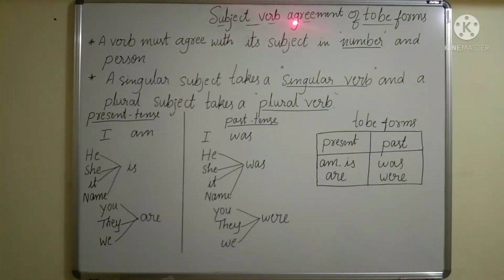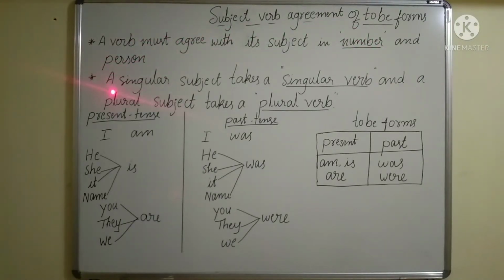What is subject-verb agreement of to be forms? A verb must agree with its subject. That is called subject-verb agreement, in number and person. What is number? Number indicates singular and plural.